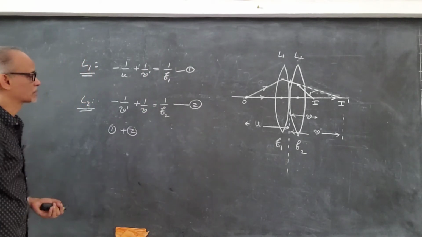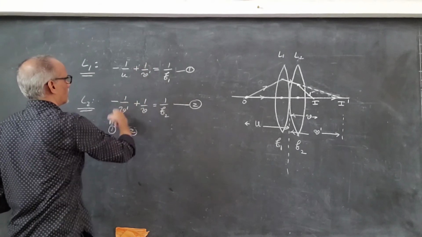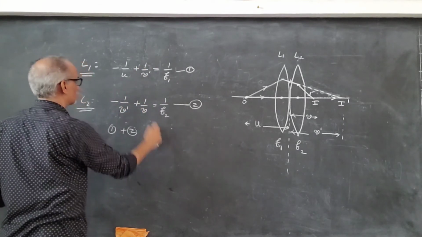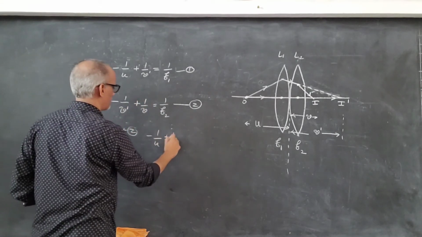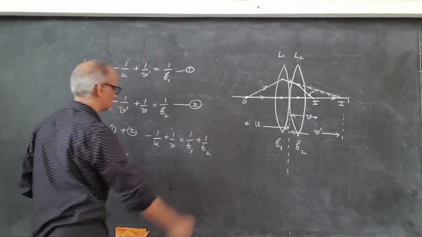So the v dash terms will get cancelled, and what we get is minus 1 by u plus 1 by v is equal to 1 by f1 plus 1 by f2.